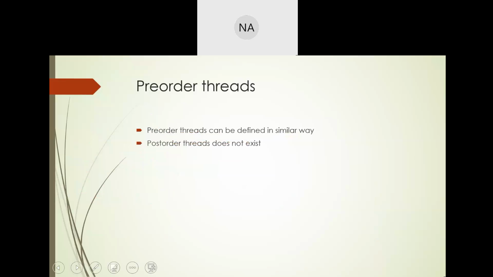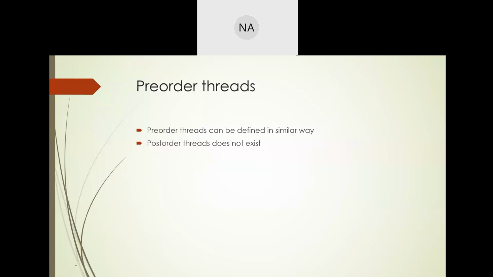Pre-order threads: likewise the in-order threads, we can define the pre-order threads. If there are no left or right subtrees, you can store some extra threads in the pre-order threaded binary tree, right? You can define the left pre-threaded binary tree and the right pre-threaded binary tree.